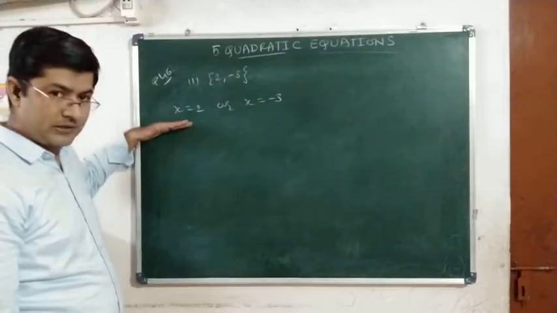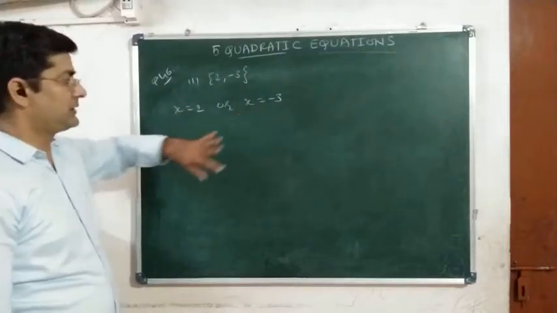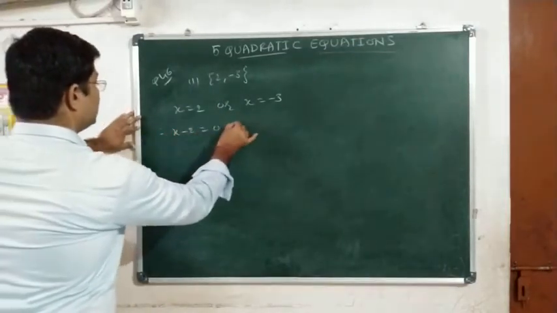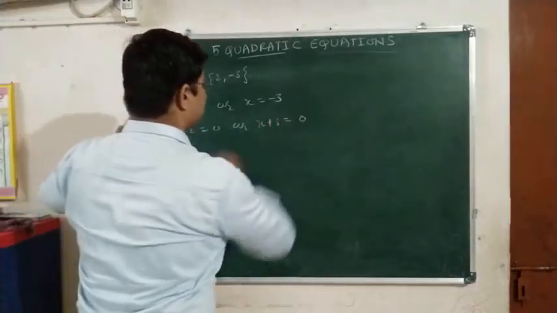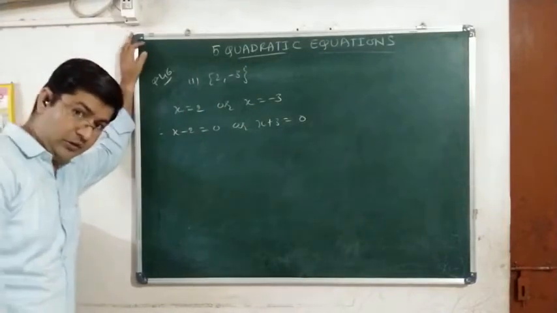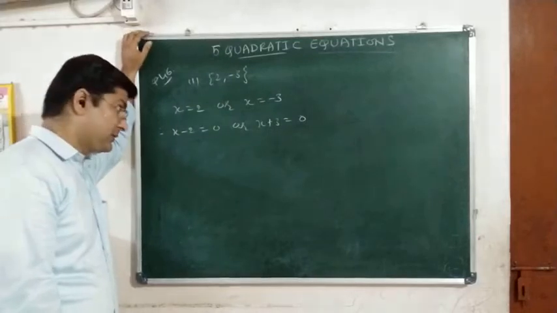So we'll begin from the last step. Two solutions, x is equal to 2, x is equal to minus 3, x minus 2 is equal to 0, or x plus 3 is equal to 0. Notice that we are just going the reverse, we are moving the reverse steps, yes or no?